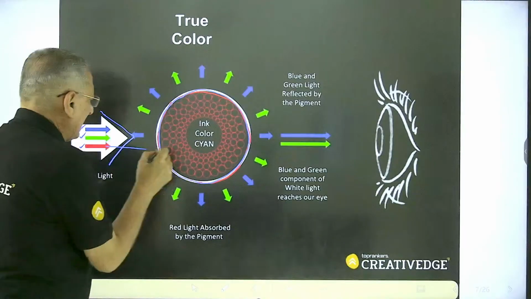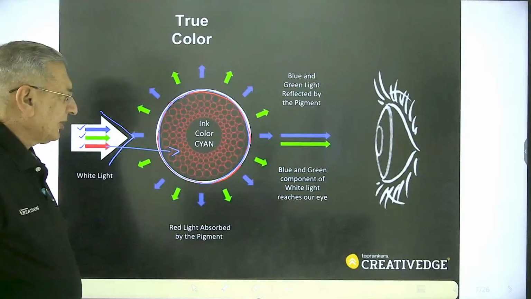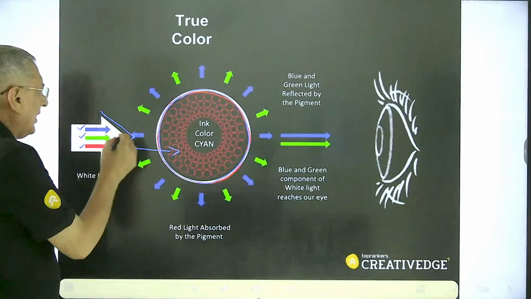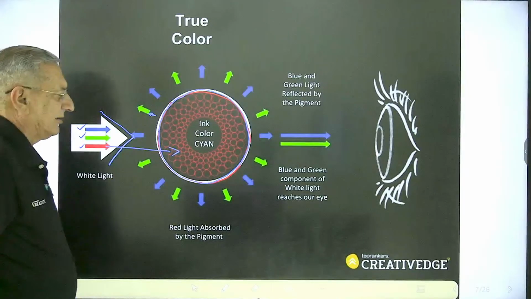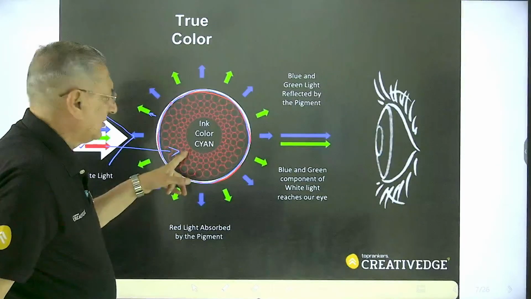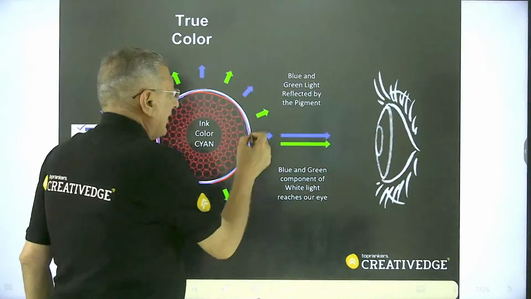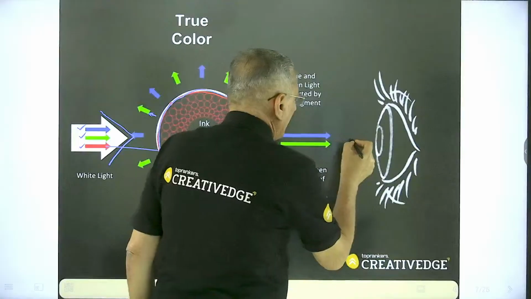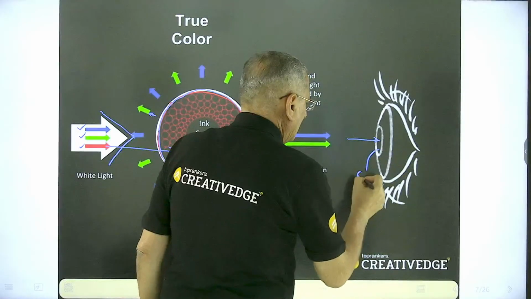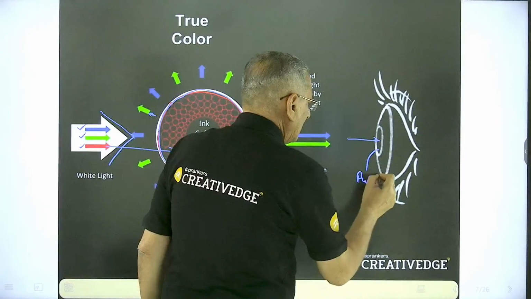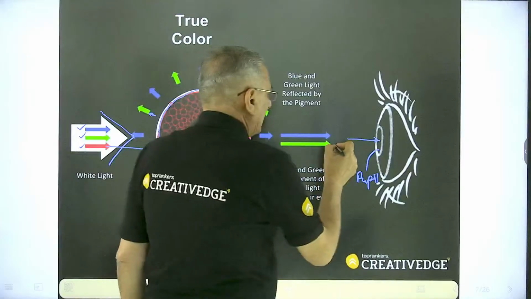The red will get absorbed inside that paint, and green and blue will be reflected by this cyan object. Now that travels towards our eye and enters the pupil of the eye. Now both of them are entering the eye.